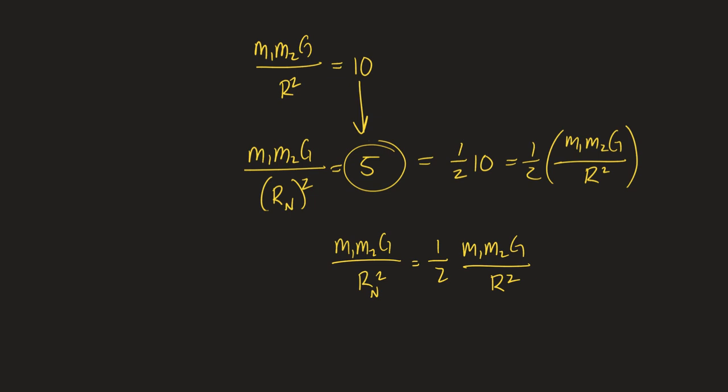Now we want r new. We want to know what it equals. So you're going to get a bunch of stuff that's going to immediately cancel out. And just do algebra to get r new by itself. I'm going to cross multiply and get 2r squared equals r new squared.